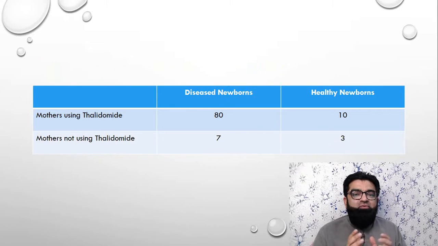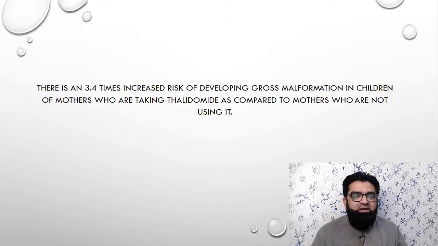At the end we will make a 2 by 2 table, mother using thalidomide and not using thalidomide, and diseased newborns and healthy newborns. With these figures we will calculate the odds ratio, and we can say that there is a 3.4 times increased risk of developing gross limb malformation in children of mothers who are taking thalidomide as compared to the mothers who are not using it.